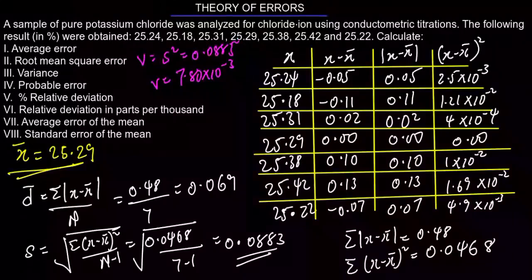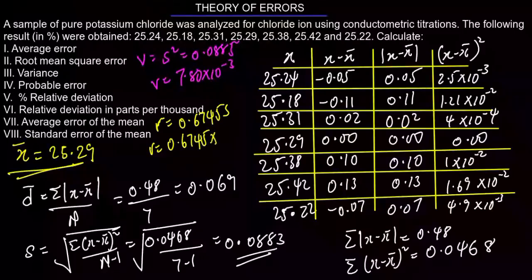Now, what is probable error? Remember, I can use either of the formulas I've written for us. So my probable error R is equal to 0.6745S. So I'm using this only. So 0.6745 times, what is my S? My S is 0.0883.